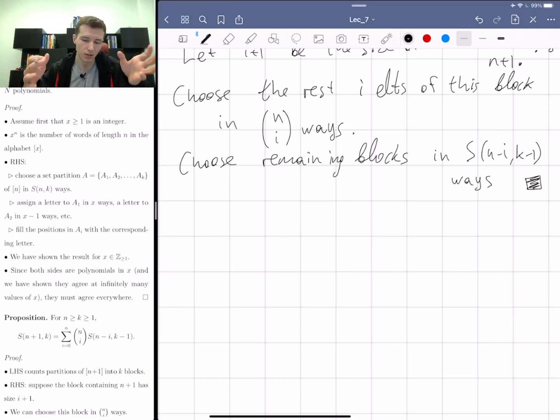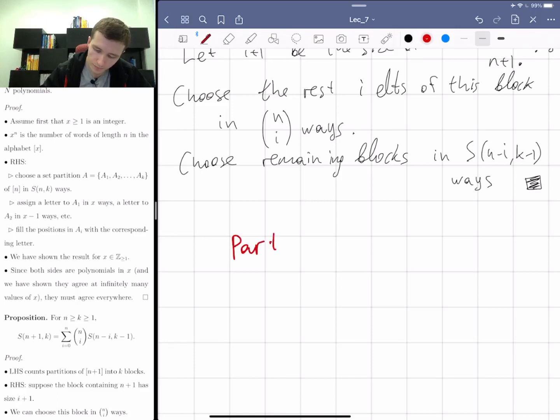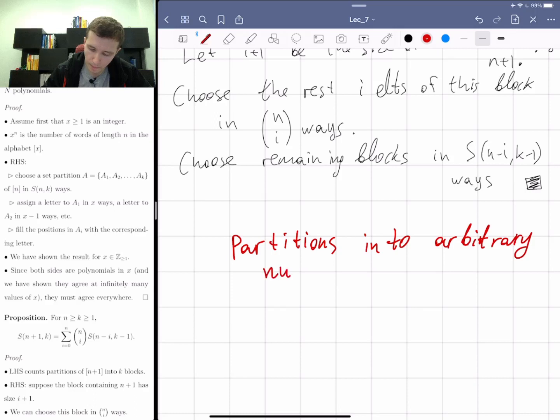Here, so far I've been talking about set partitions into a fixed number of parts, but now let me talk about partitions into an arbitrary number of parts.